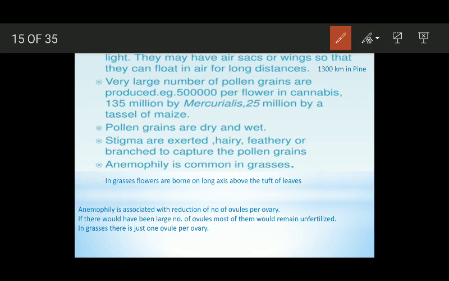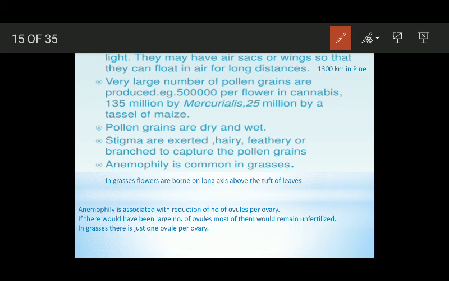One very important point about anaemophily is the reduction in the number of ovules per ovary, and this is logical. If there were a large number of ovules per ovary, most of them would remain unfertilized because the chances that a pollen grain will rest on the stigma are very minimum. If an ovary contains many ovules, the chances that all the ovules are fertilized will be least.